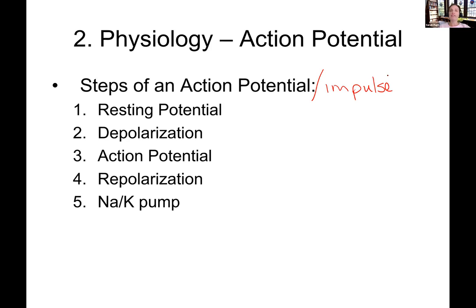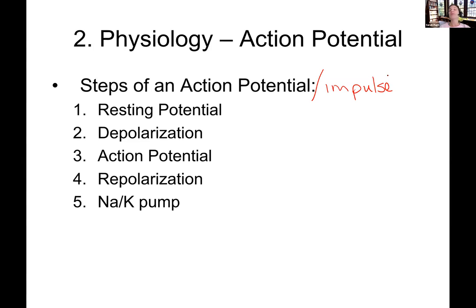So we have some membranes for cells in our body that are excitable. Neurons obviously are one, muscles are another. And in order for it to be excitable, to carry an action potential or an impulse, it has to have something called a resting membrane potential.